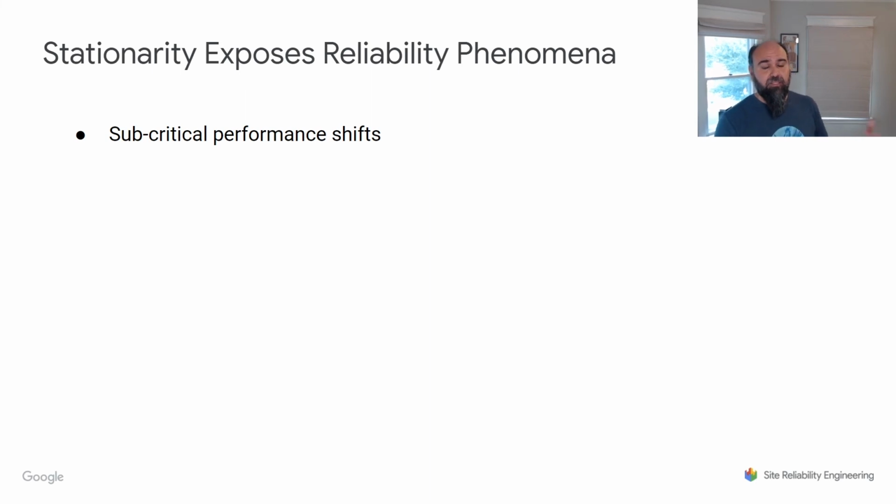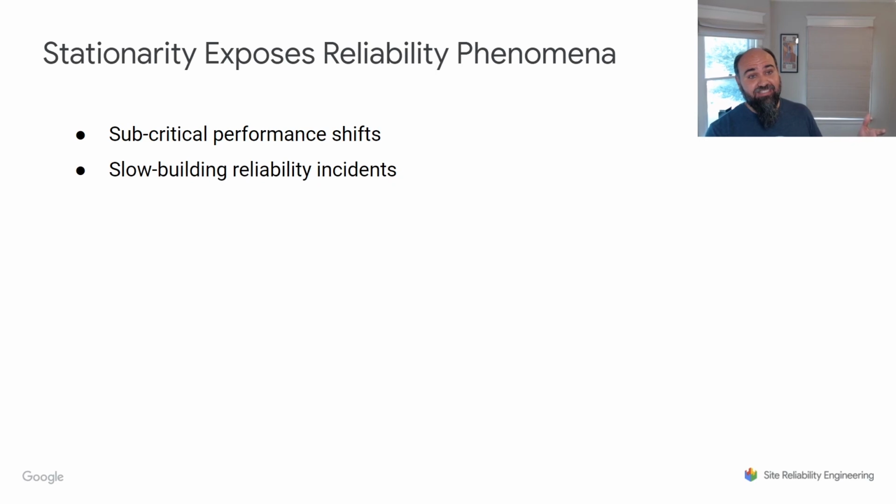Typically you think about alerting and SLOs looking at the tail of the distribution, right? P99 or P99.99 or whatever. We can see performance shifts at P50, things like that. The sensitivity is considerably higher. We're also able to see these longer running, slow building reliability incidents, and particularly performance incidents that cascade into availability incidents.